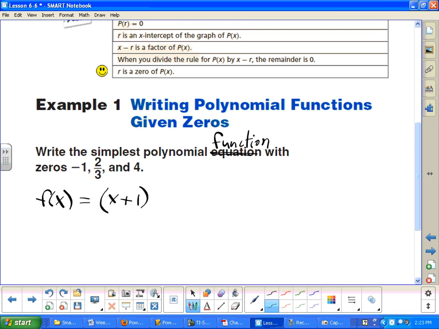If I know I have a 0 at 2/3, then there's a factor of x minus 2/3. If there's a 0 at 4, then I have a factor of x minus 4. So now to write it as a polynomial function, all I have to do is simplify, which would be multiplying in this case, right?